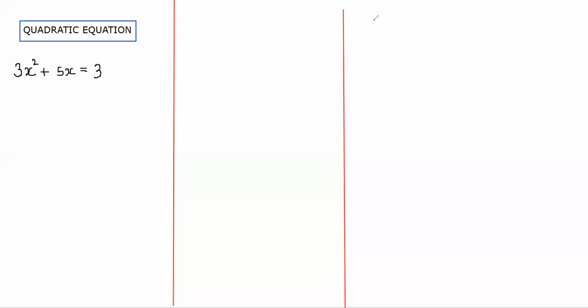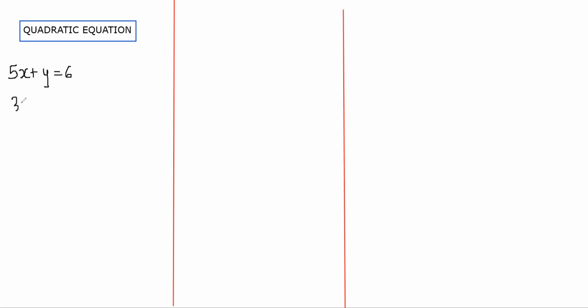Now let us take examples of a few equations and study which equation we can call a quadratic equation. So the first equation is 5x plus y equal to 6.